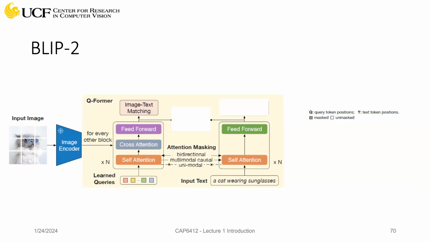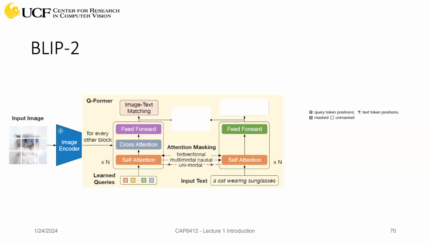Here we have two kinds of tokens: the text tokens and the query tokens. These are the query tokens, and the text tokens will come from here, and then image tokens and so on.